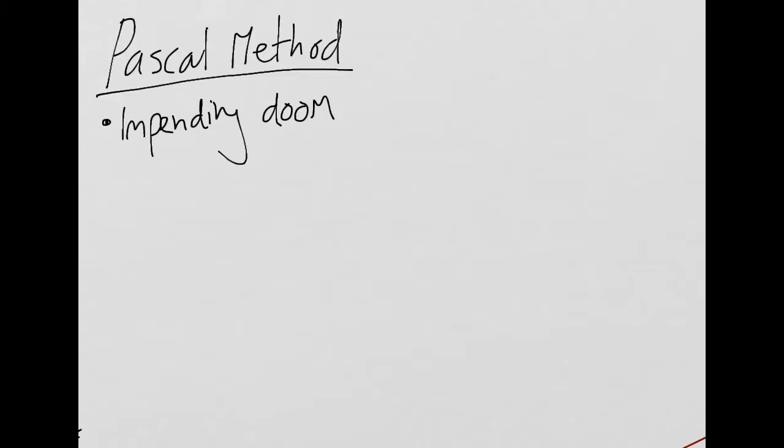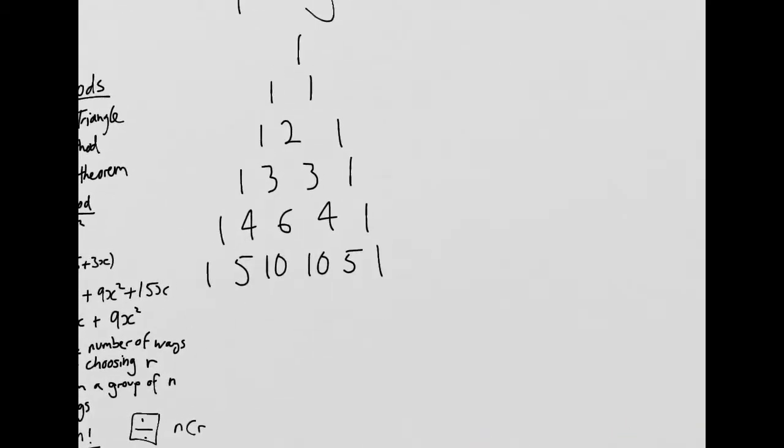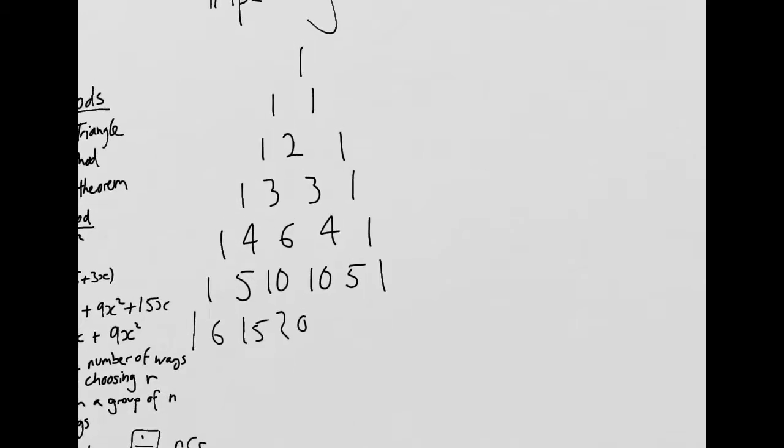So the idea is we can write out Pascal's triangle, there you go, and so on. In case you haven't drawn Pascal's triangle before, you're basically adding the two numbers above to make the number below. So this row would be 1, 6, 15, 20, 15, 6, and 1. And each of these rows relates to the NCR numbers that we worked out before.